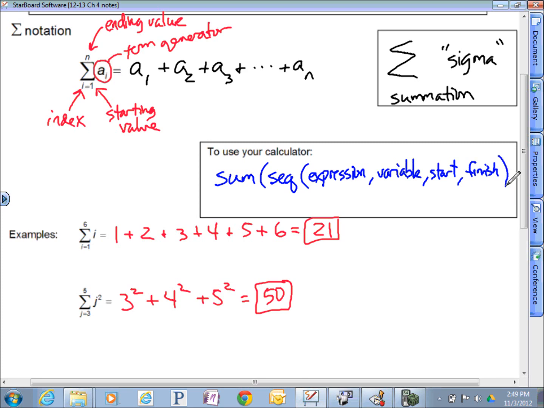So what does all of that mean? Well, the commas are actually going to be in there. So when I go to my calculator, and I'm going to show both the 84 and the Inspire in just a second here, I want to find the sum command, I want to find the sequence command, I want to put in what the expression is in math terms, I want to tell it the variable I'm going to use, I want to tell it where I'm starting, I want to tell it where I'm finishing.